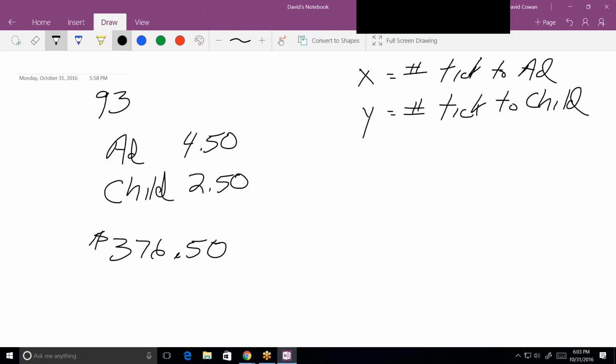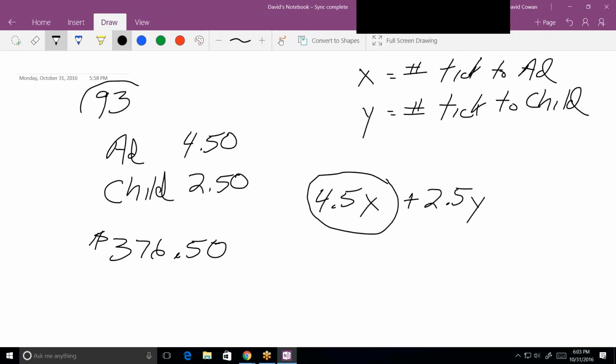Now, I need a couple of equations. I have two variables, so I'm going to need two equations. What's one equation? 4.5x, which is the revenue you get from all the adult tickets sold, plus 2.5y equals 376.5.